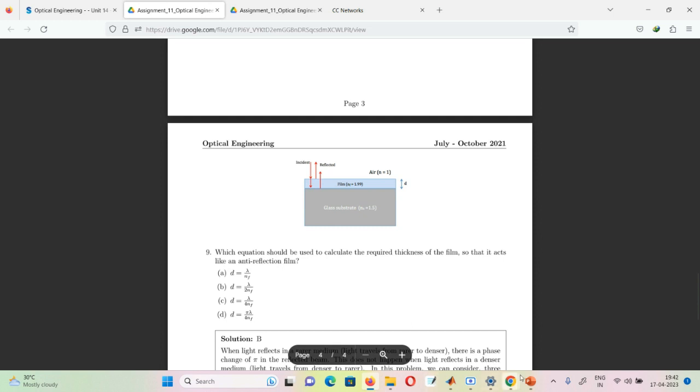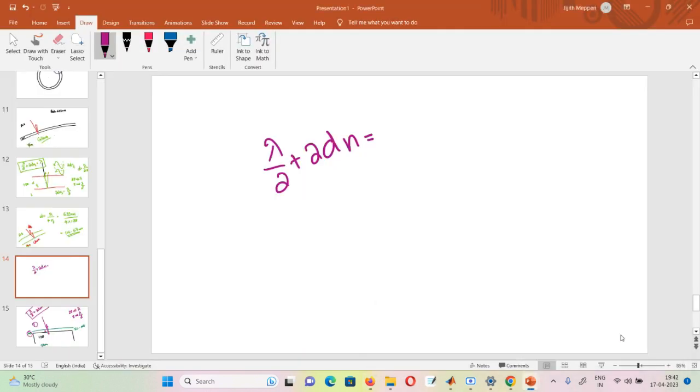Okay, so this is the path difference which we calculated. I want an odd number multiple, (2m plus 1) times lambda by 2, which gives the condition for destructive interference, where m is a number.